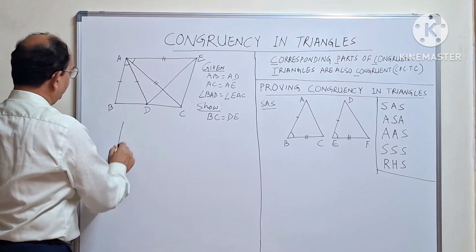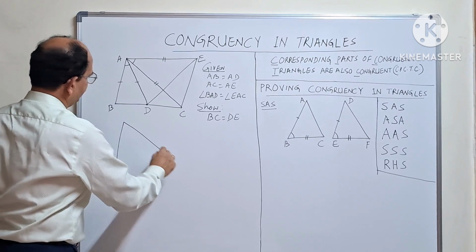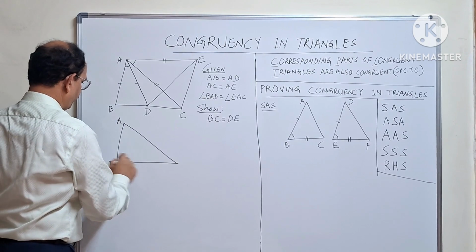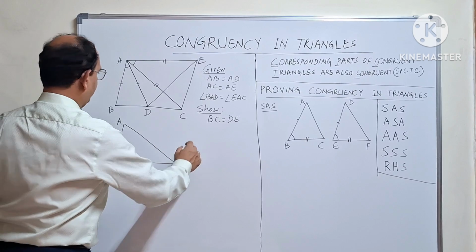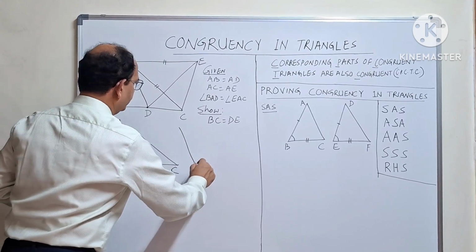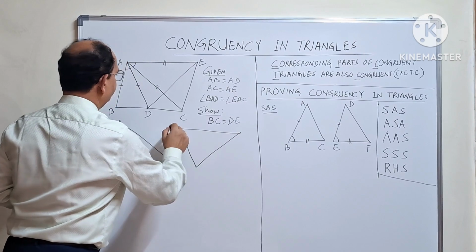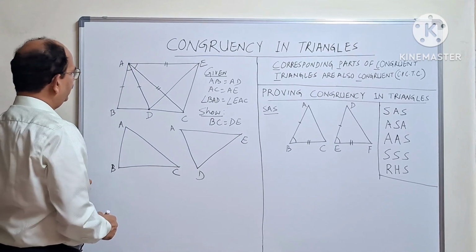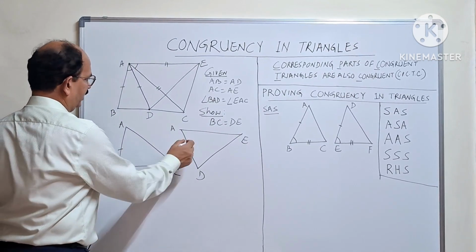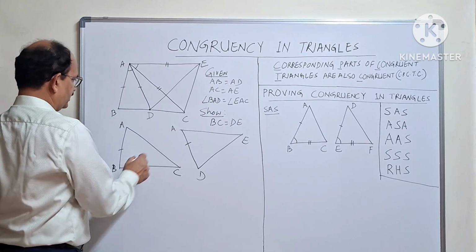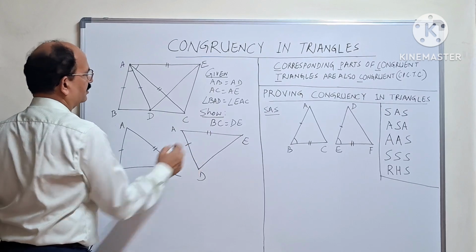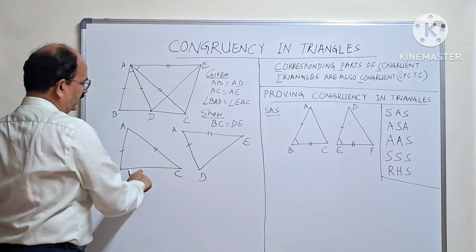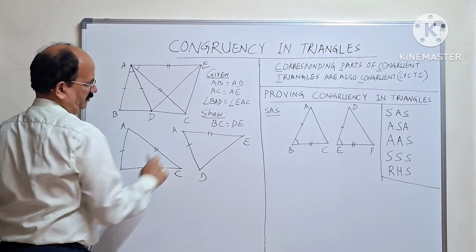This triangle will be ABC and ADE. And in that we know that AB is equal to AD given, AC is equal to AE, that is also given, and I have to prove that BC is equal to DE.